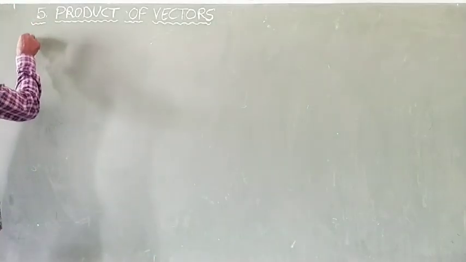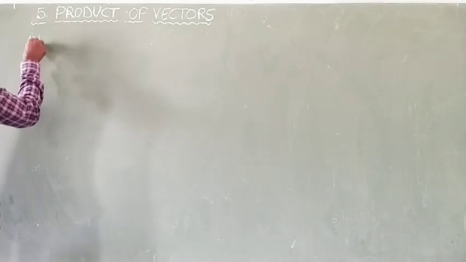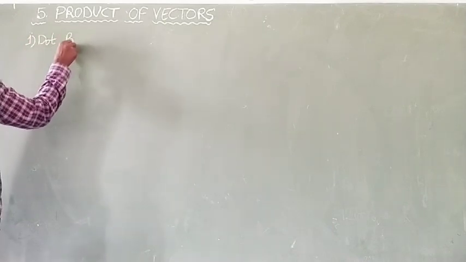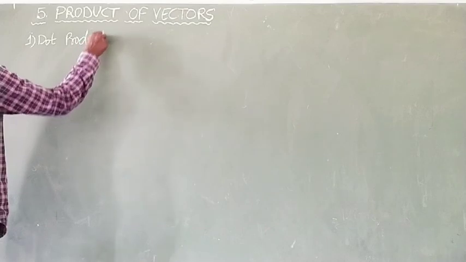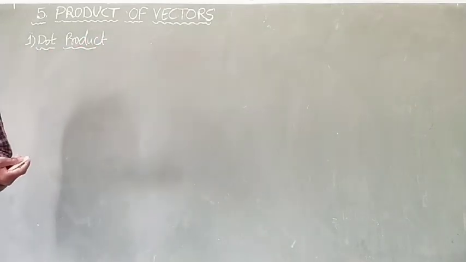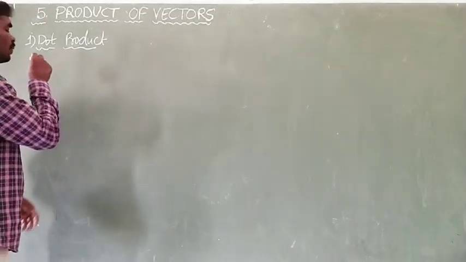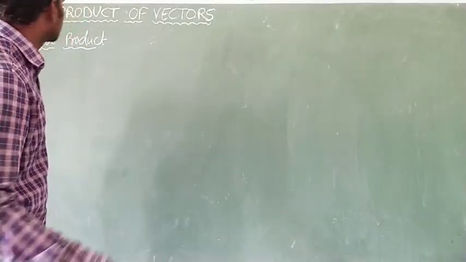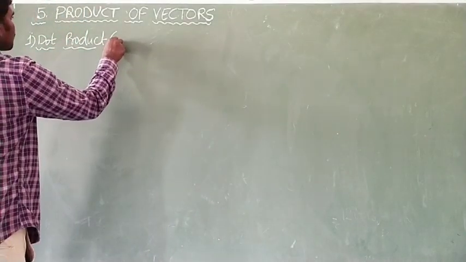One is dot product, and the second one is cross product. Dot product means simply some dot.